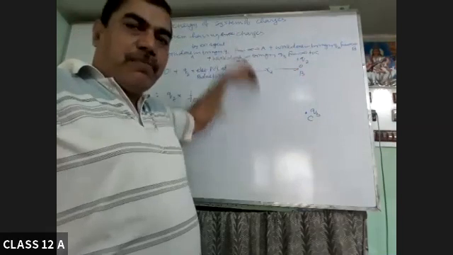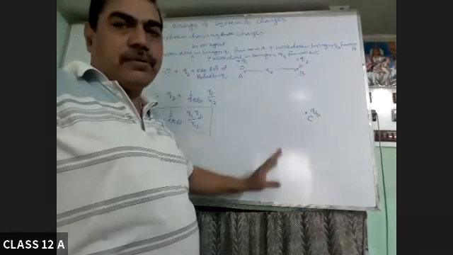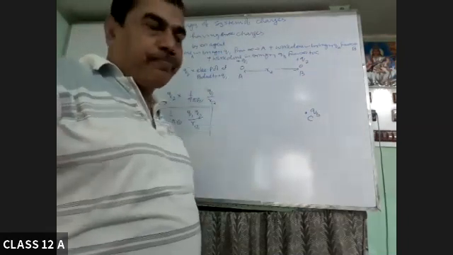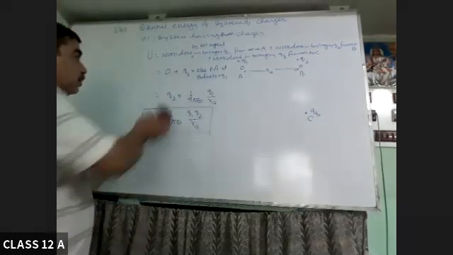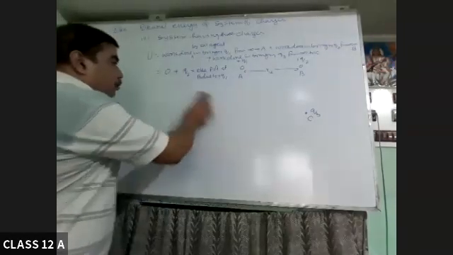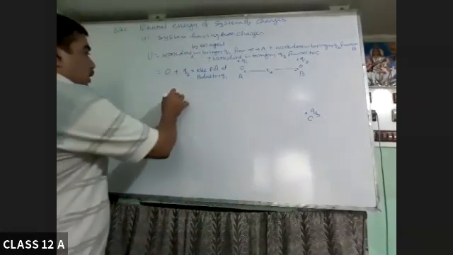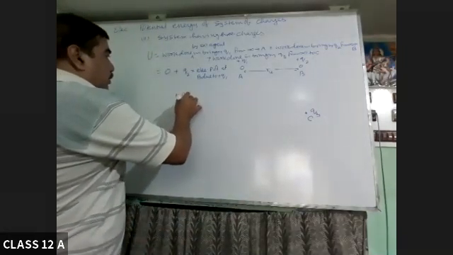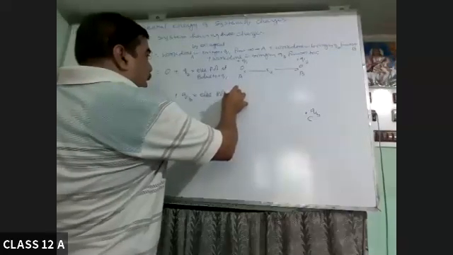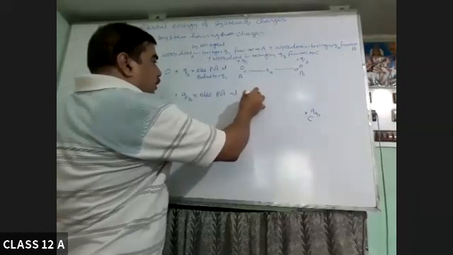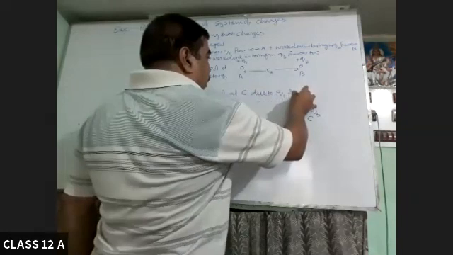That doesn't mean we have to bring first Q1 only. Whatever way you can think, result will be same. So in this case, we will have to add some more work. So this is plus Q3 into electric potential at C due to Q1 and Q2.